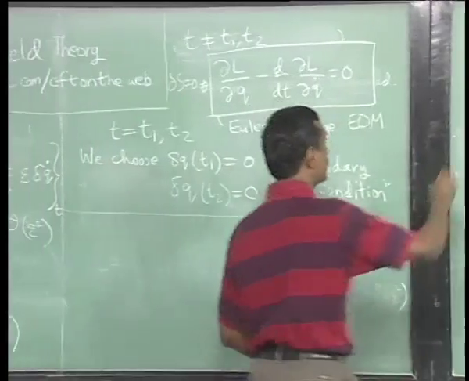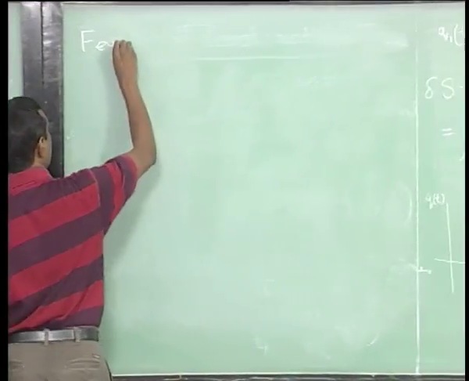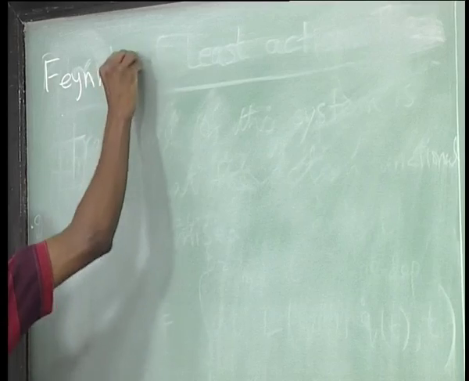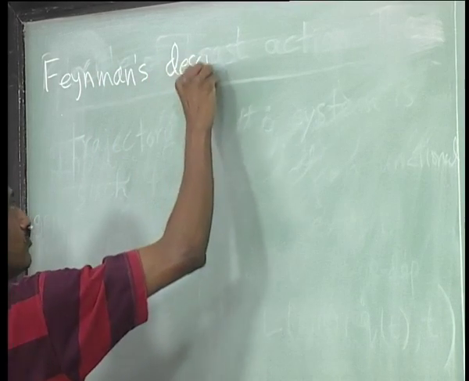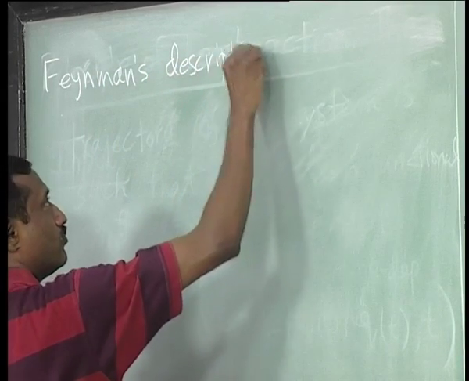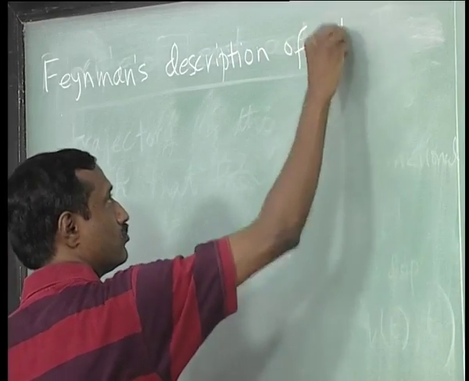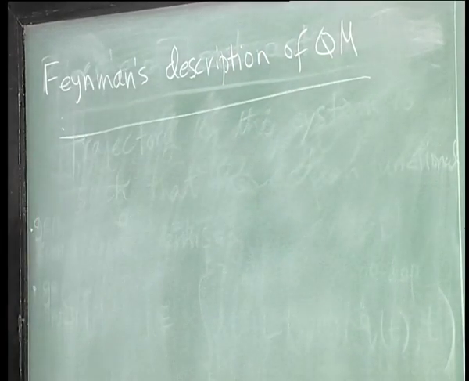So, Feynman's description of quantum mechanics is as follows.